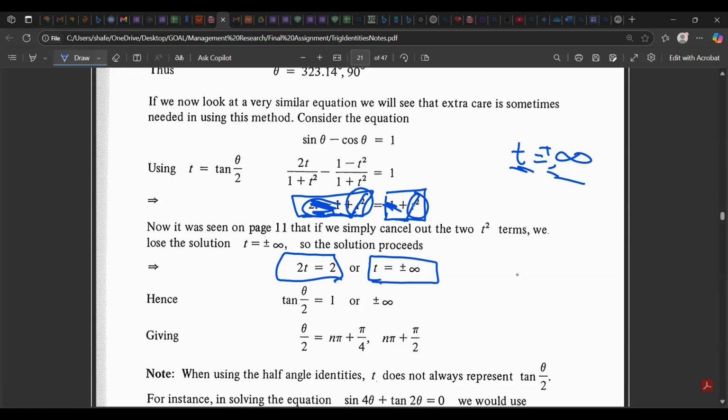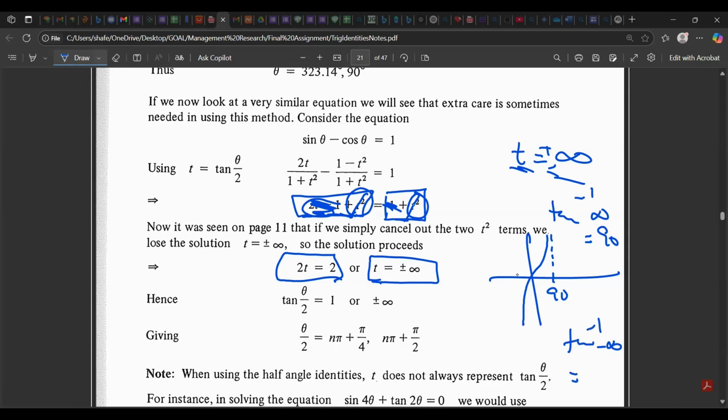And why this is important is that you have to understand the tan curve. If anybody remembers the tan curve, tan inverse of infinity is actually equal to 90, and tan inverse of minus infinity is equal to minus 90 degrees, right? Keep that in mind.